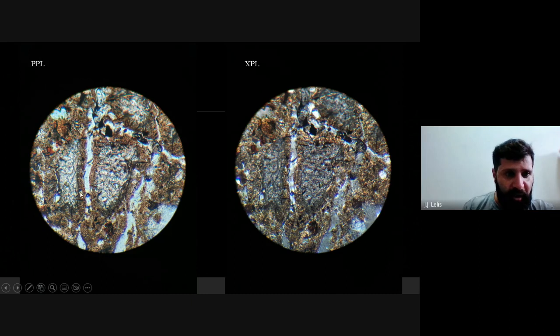In this case, the expansive clays produce voids when they start to shrink, and the shrinking of this material produces these cracks, and these cracks in this case are planar voids. So the size and the shape of these voids, but specifically the shape of the voids, tell us how they were created.